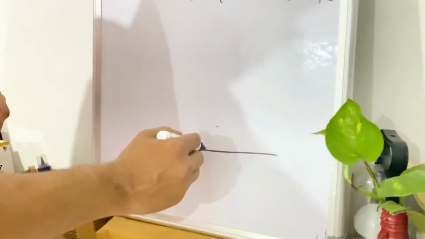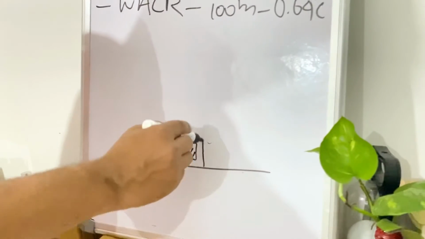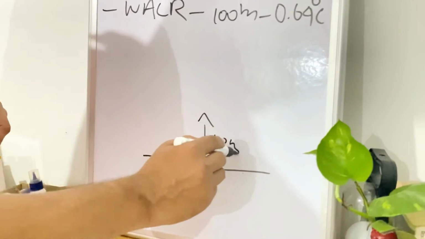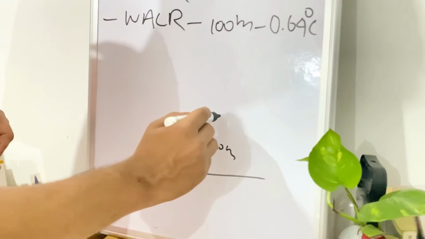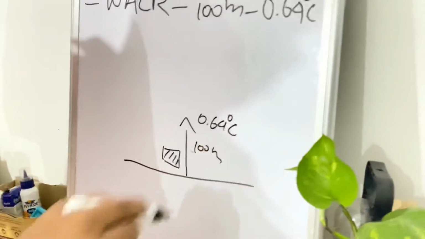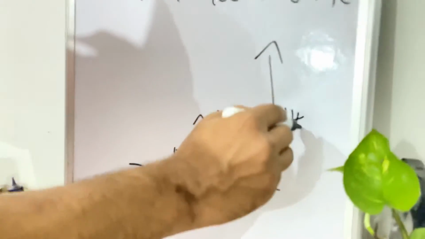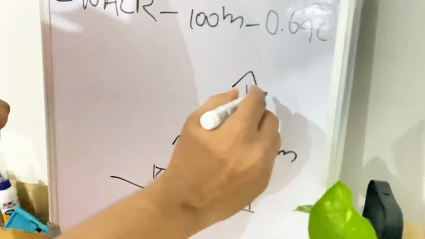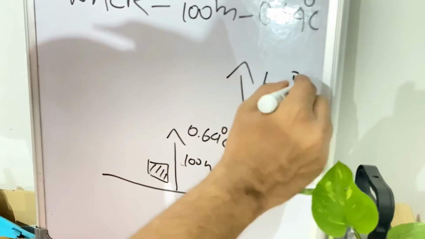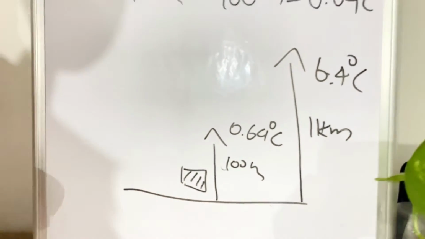If the air parcel that we are considering is going up by 100 meters, the temperature decrease would be about 0.64 degrees Celsius. So if you are going up by 1 kilometer or 1000 meters, the temperature decrease would be 6.4 degrees Celsius. Okay, I hope that this is clear.